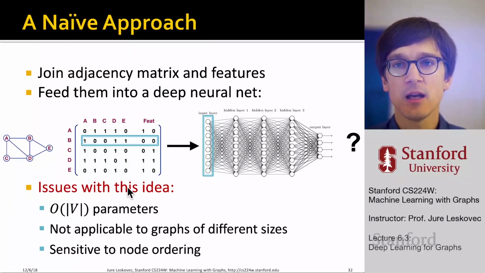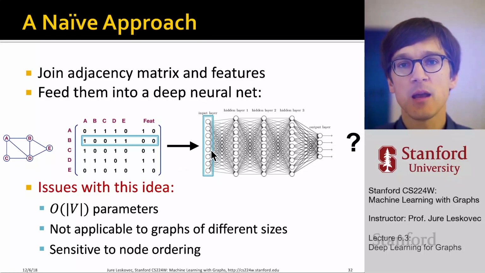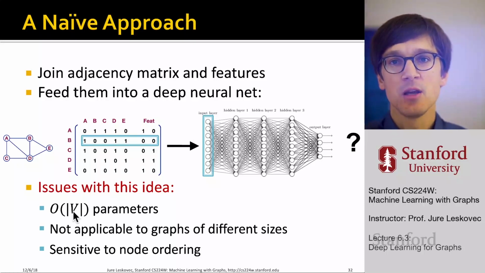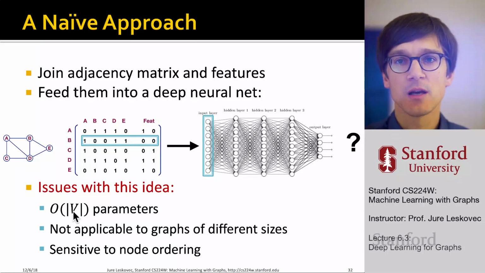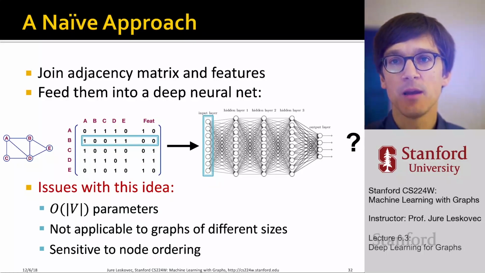The issue with this idea is several. First, the number of parameters of this neural network will be multiple times the number of nodes in the network, because the number of inputs here is the number of nodes plus the number of features. And how many training examples do I have? One training example per node. So you'll have more parameters than training examples, training will be very unstable and it will easily overfit.